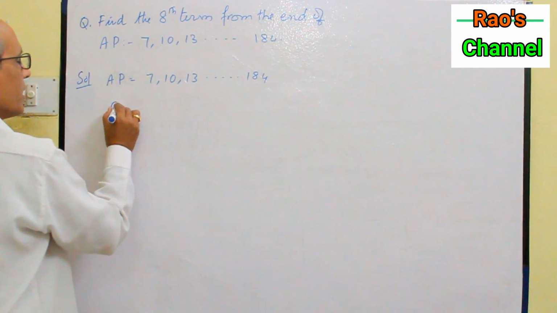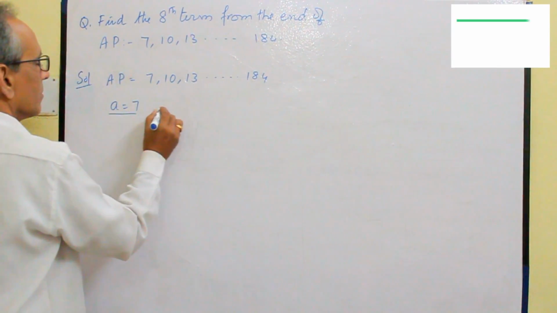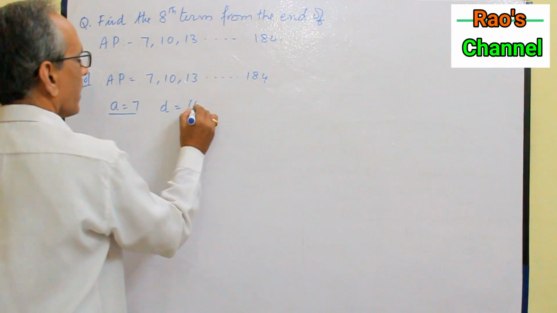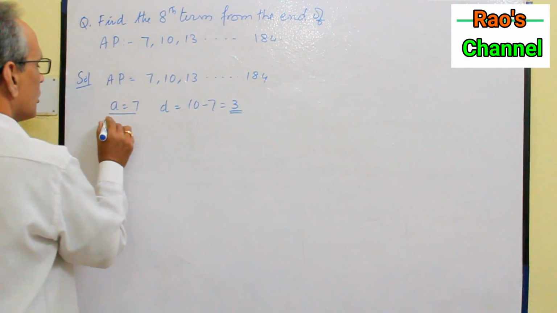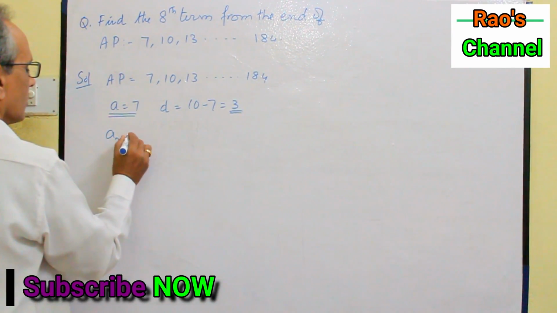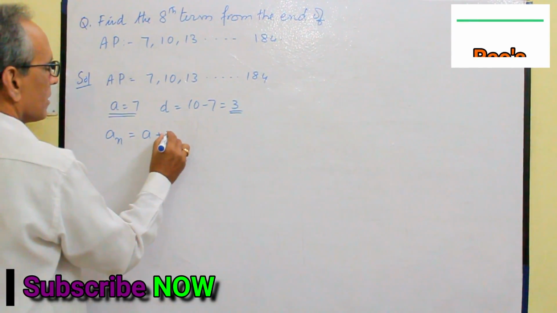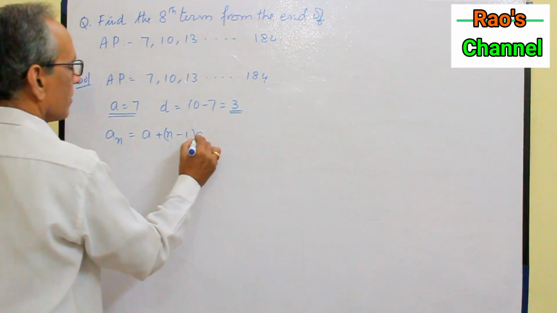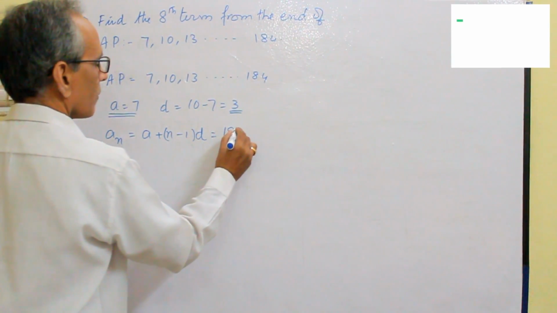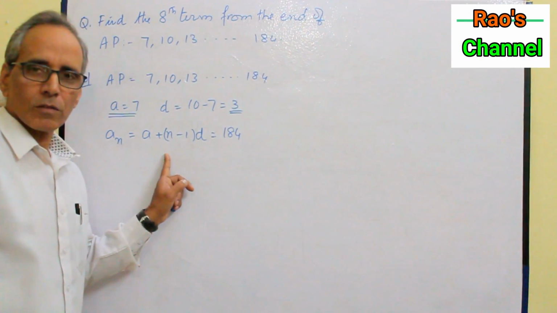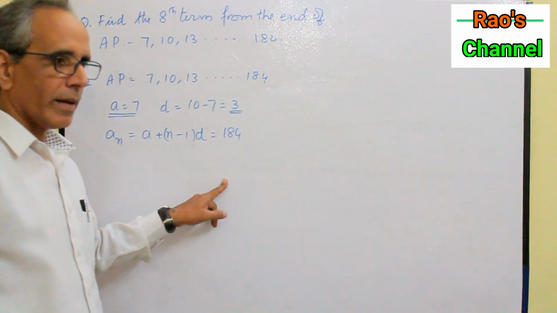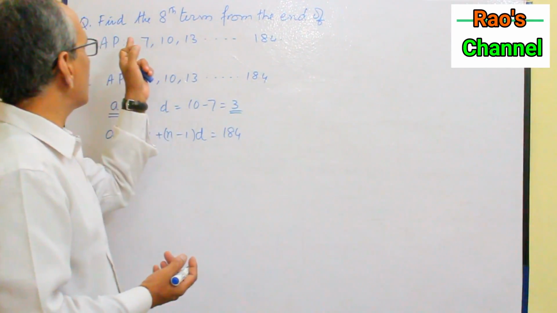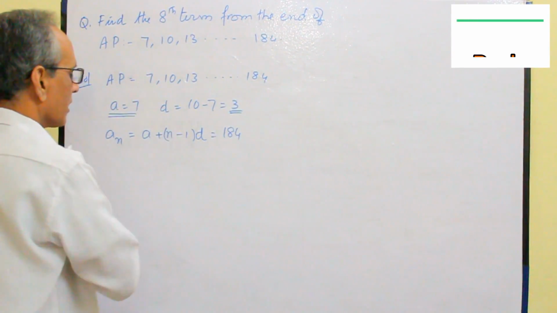From this we can define A, that is 7, and D is 10 minus 7, that is 3, and the nth term, which is A plus (n minus 1) D, is given as 184. So we can find the n value whose term is 184. If we know the n value, we can calculate the eighth term from the end. Let me calculate this.